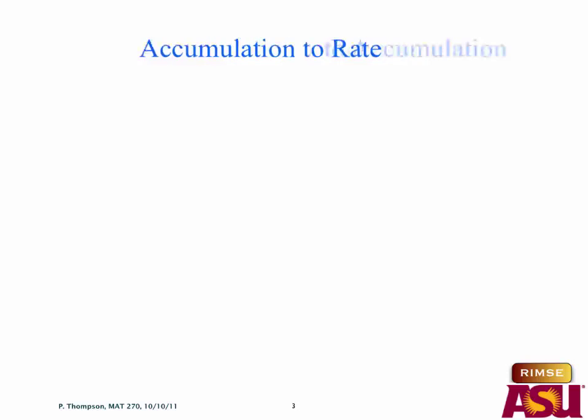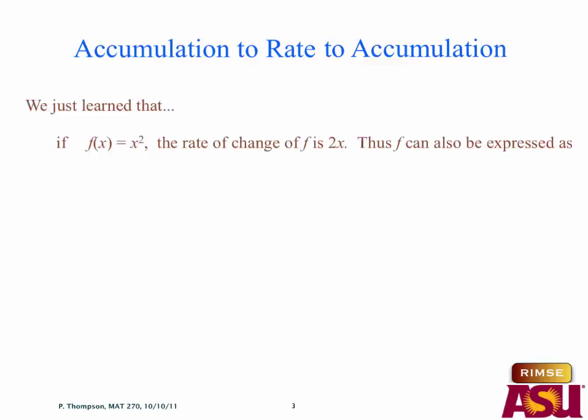But something just profound happened that you didn't even notice. Watch. We just learned that if f of x equals x squared, the rate of change of f is 2x. So how else could f be expressed then? If the rate of change of f is 2x, how else could f be expressed? Who's learned something in the course?